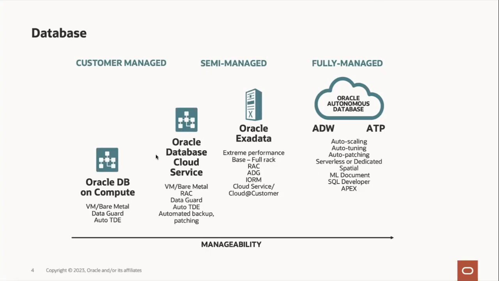We'll set up the automated patching and backup. You will tell us when it's okay to do it. We're going to include some DataGuard. We're going to include the capability of RAC. So all of this is bits and pieces that you can put together. The key element is you don't have to manage it. We provide you with additional tools for migration. We provide you with additional methodologies for that as well for high availability.